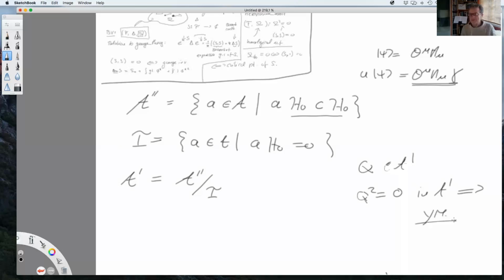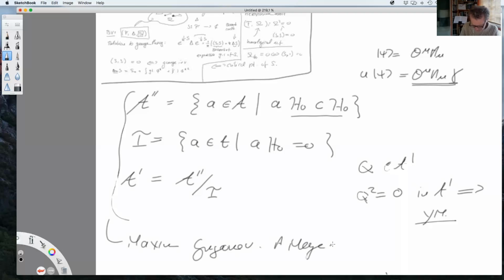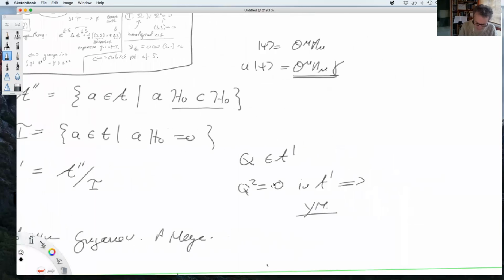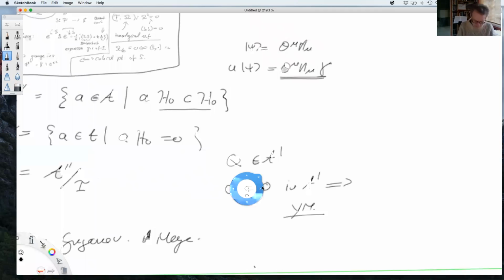By the way, this is something that's not Siegel's, that is together with Maxim Grigoriev and Adil Meyer. But the fact that you can get some interesting physics out of a nilpotency condition on a reduced vector space, that is what Siegel's contribution was.